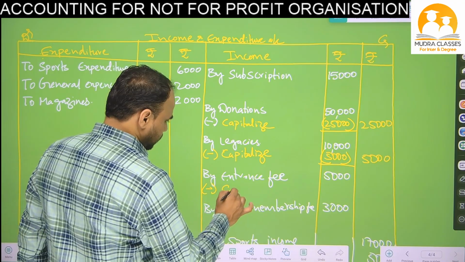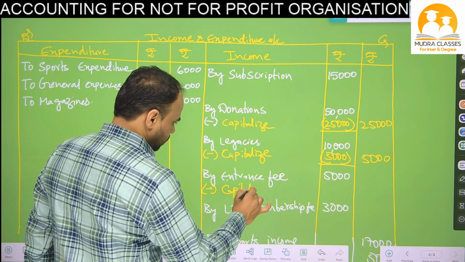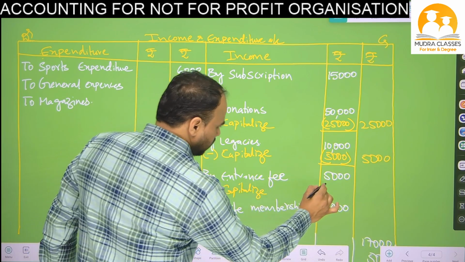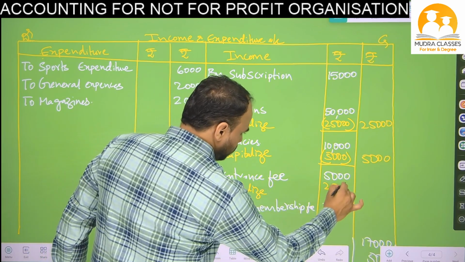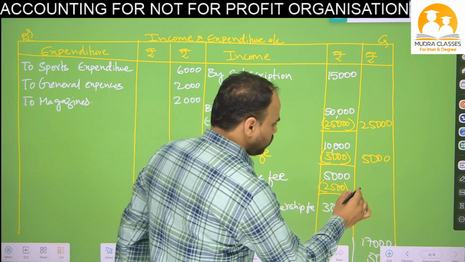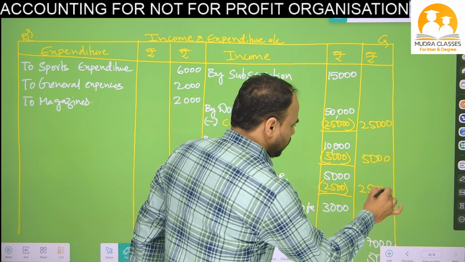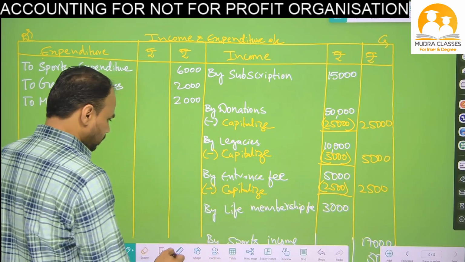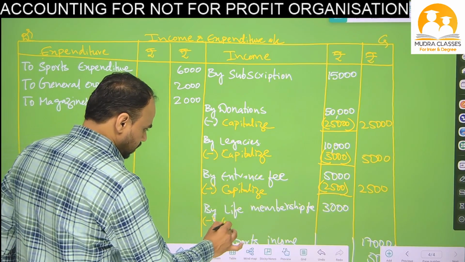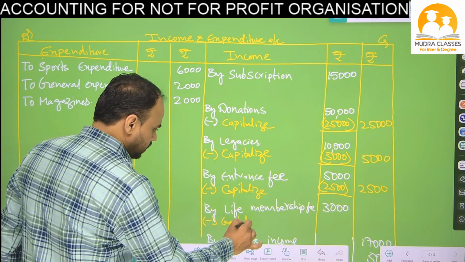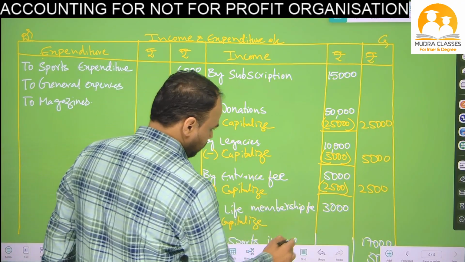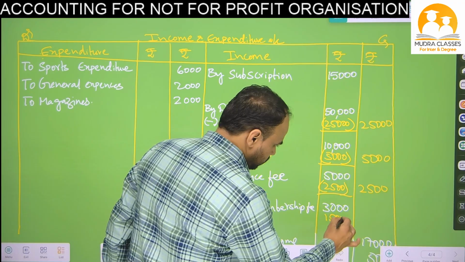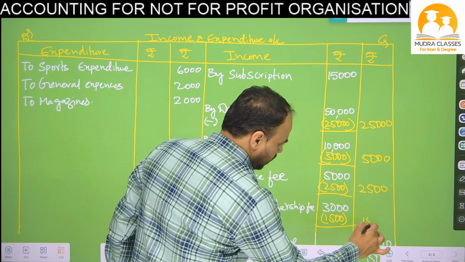So capitalize 2,500, because half of 5,000 is 2,500. So 2,500 in the outer column, and life membership fee also capitalized said. So 1,500 rupees minus, this 1,500 in the outer column.